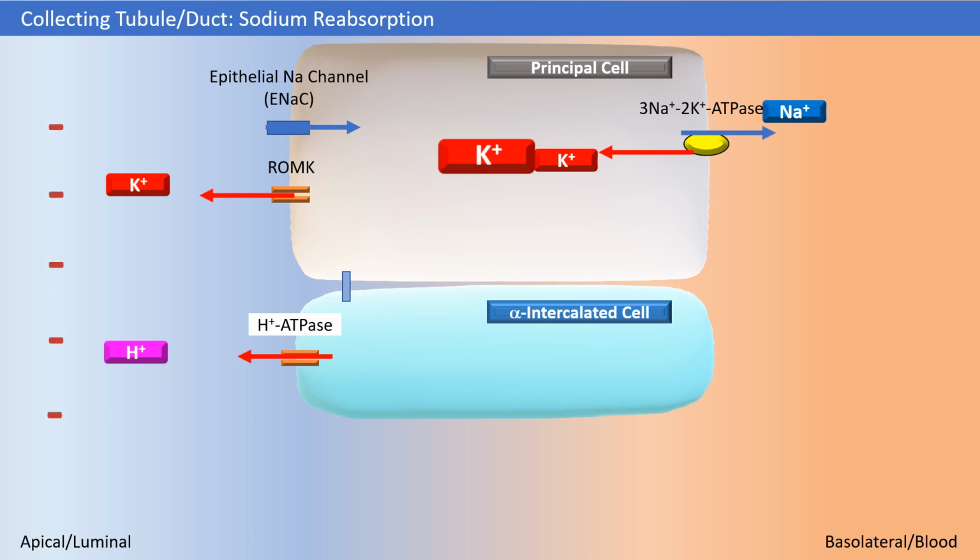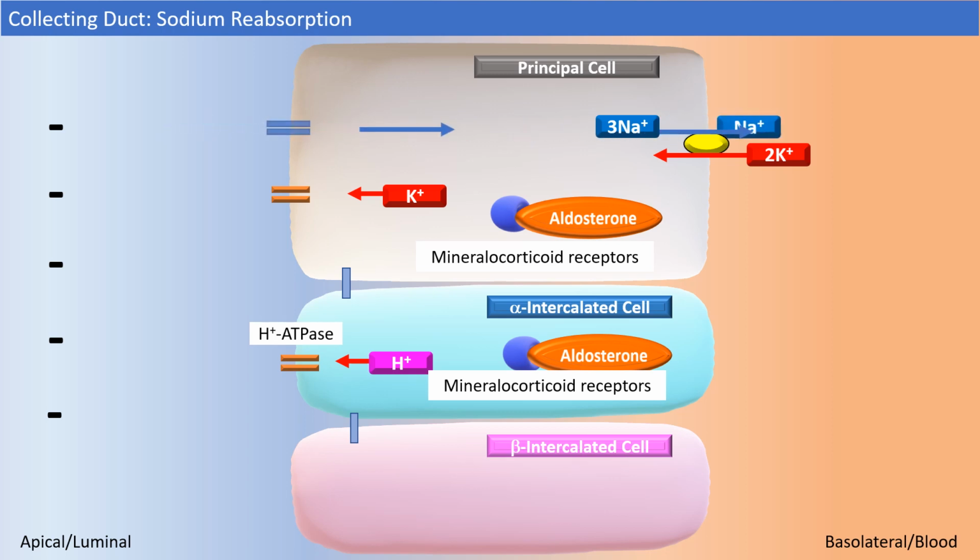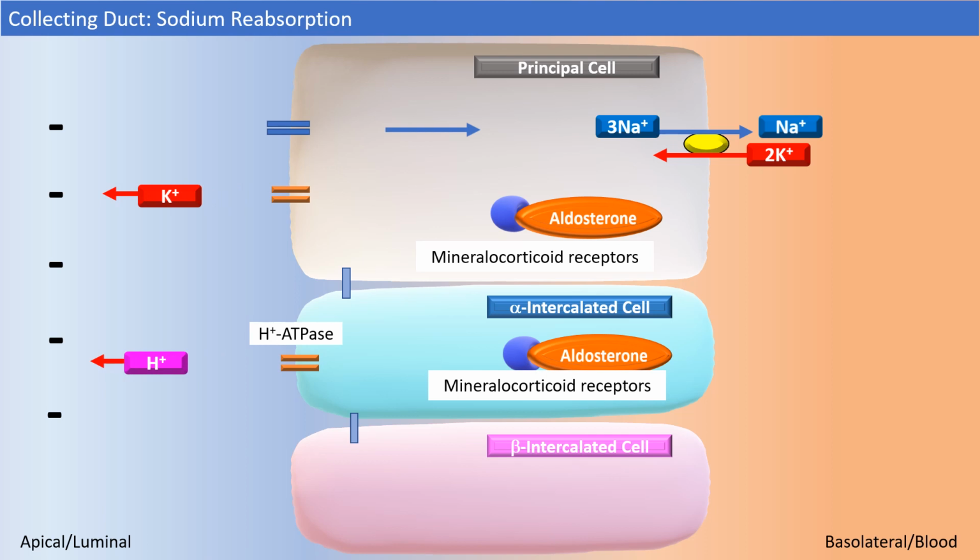This is predominantly how the kidneys get rid of acid. Next, we have aldosterone. Aldosterone is a hormone that binds to mineralocorticoid receptors within the cytoplasm of principal and alpha intercalated cells to upregulate sodium reabsorption and subsequent secretion of potassium and hydrogen.